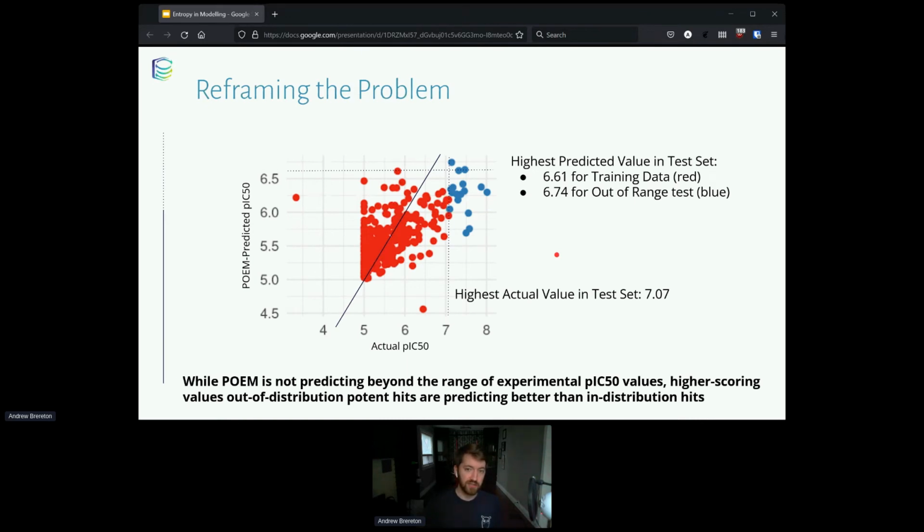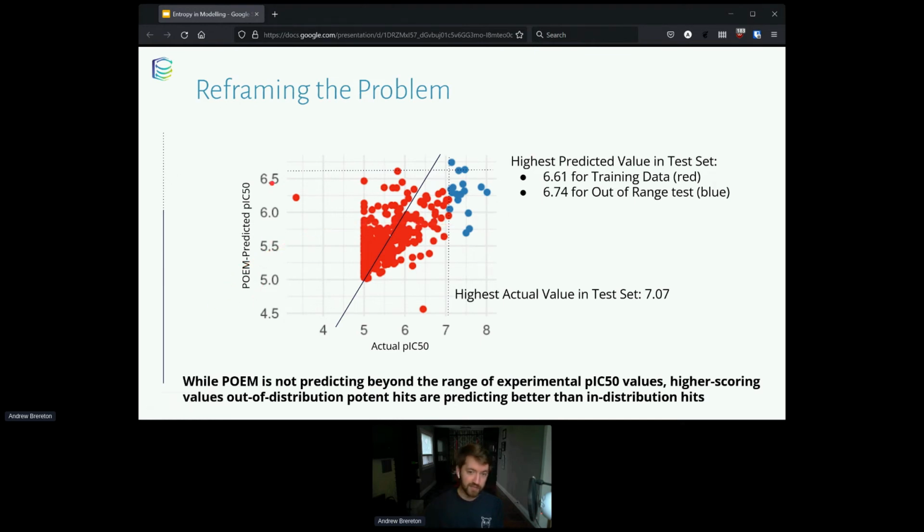So now this enables us to reframe the problem of optimizing for pIC50, where instead of asking the question, can we predict the pIC50s of molecules? Here in blue, I'm showing the molecules that have real pIC50 values, which is on the x-axis. These blue molecules are the ones that have real pIC50 values that are actually higher than any point in the reference data.